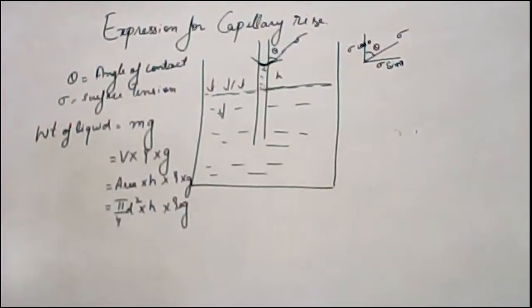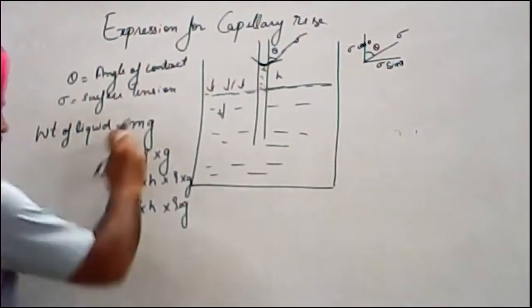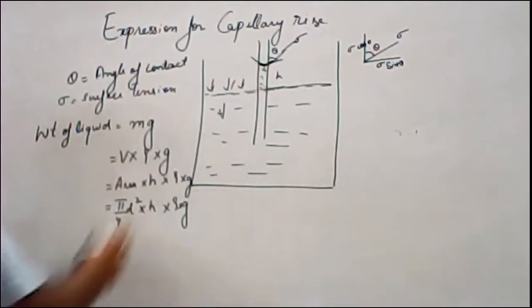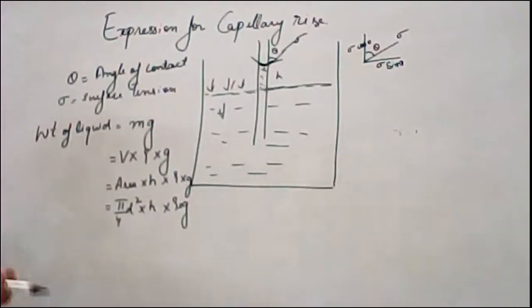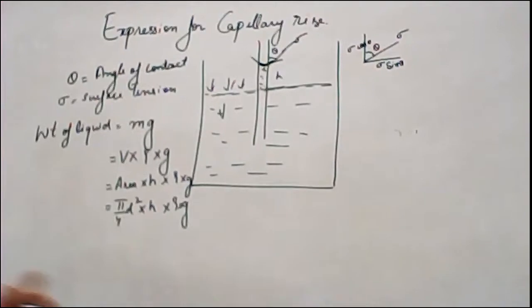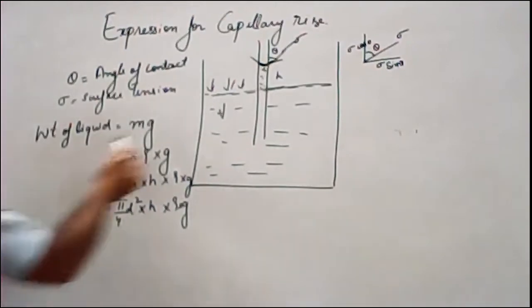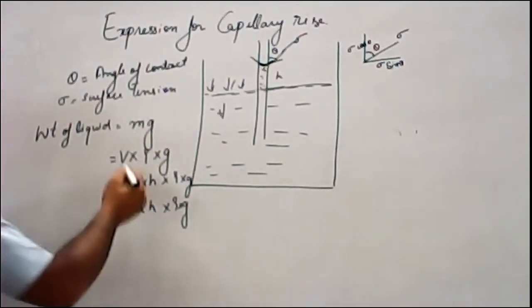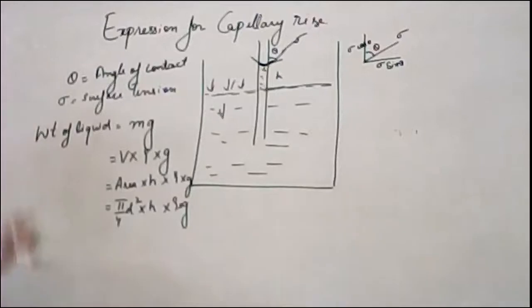I hope you are understanding what I am writing on the board. Mg, mass into gravity, is weight. Weight can be written as mg, mass into gravity. Basically, weight is the force of attraction, the force with which that object is attracted towards the earth. So that is mg, and mass can be written as volume into density, and volume can further be written as area into height.